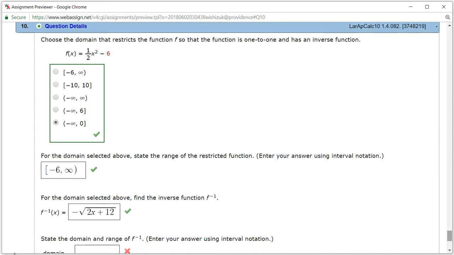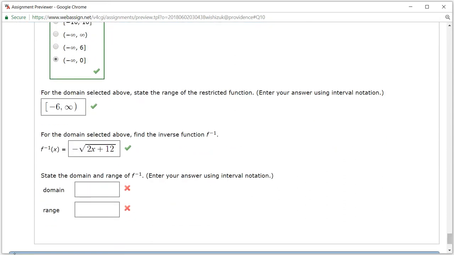Now state the domain and the range of f inverse. Remember that f inverse is the reverse process of the original function f, and we're switching x and y. The domain is the collection of x values and the range is the collection of y values. When you swap x and y, the domain and range are also swapped.